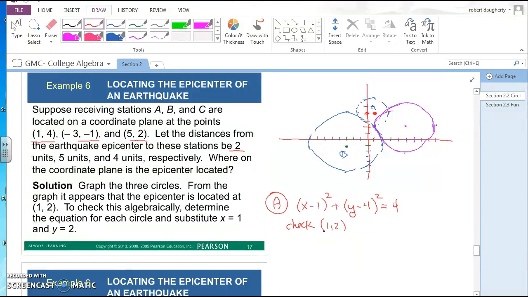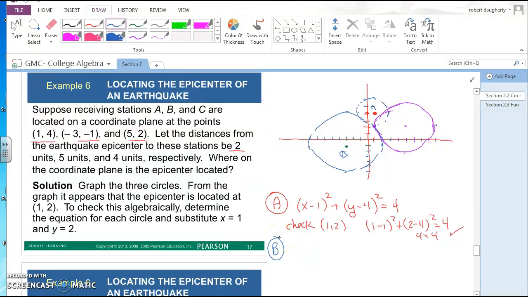I get (1 minus 1) squared plus (2 minus 4) squared equals 4. And this becomes 4 equals 4. That's a true statement.